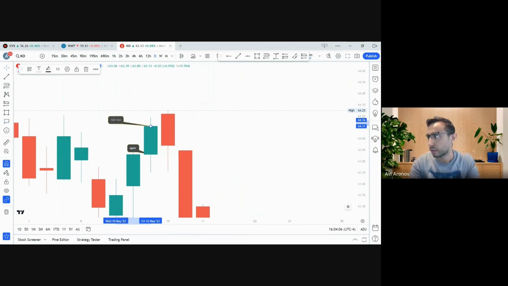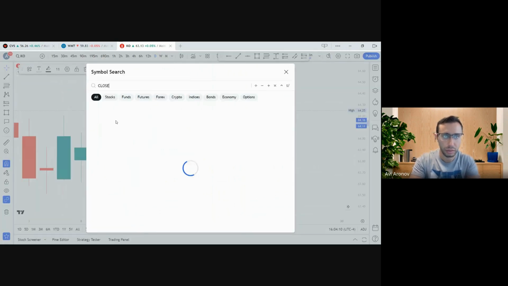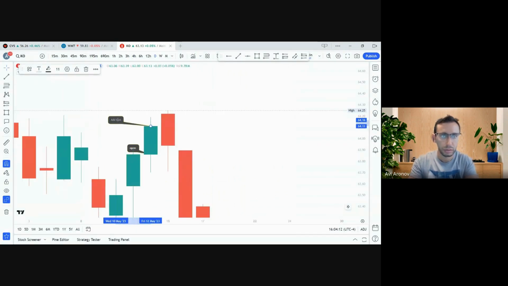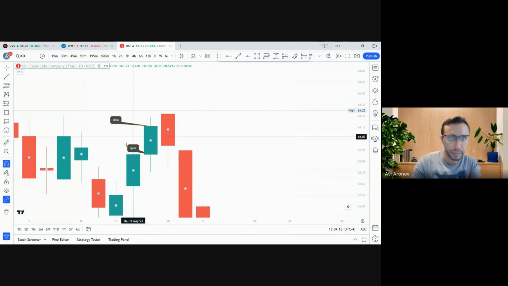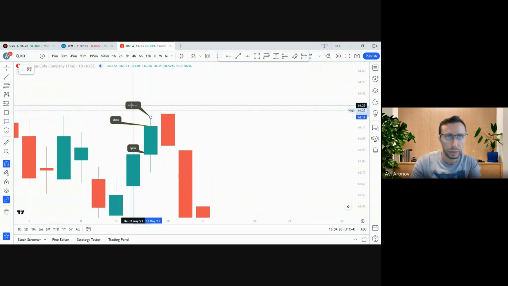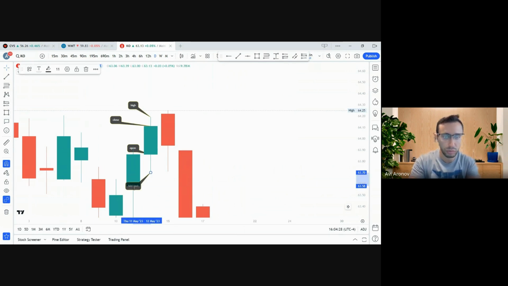Okay, this is the close of this candle. Okay, then you have the high of this candle, and then you have the low of this candle.